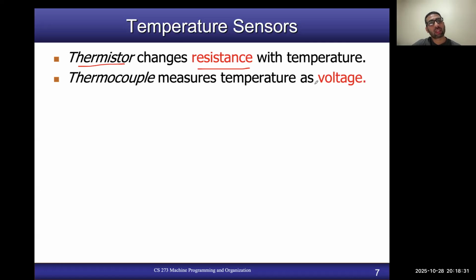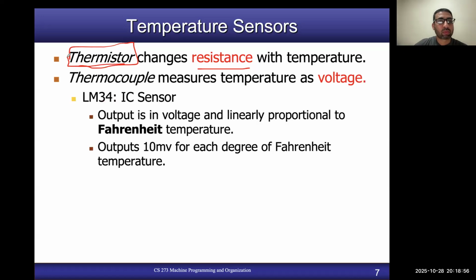There is a single chip which already gives you output in the form of voltage, so you don't need to do signal conditioning. But if you are using a thermistor, then you first need to do signal conditioning on its output, which means converting the resistance into voltage, and then you apply that voltage as input to the analog to digital converter.